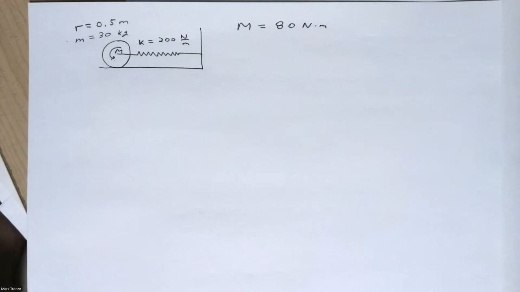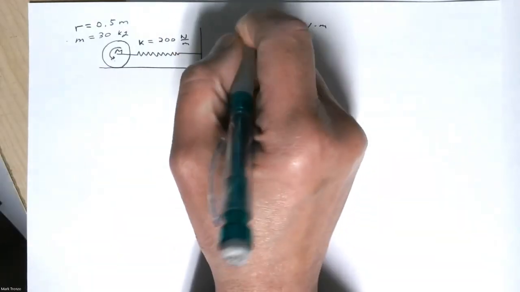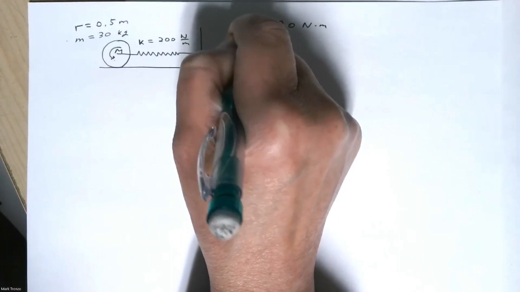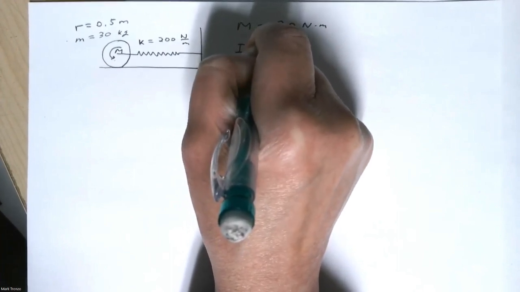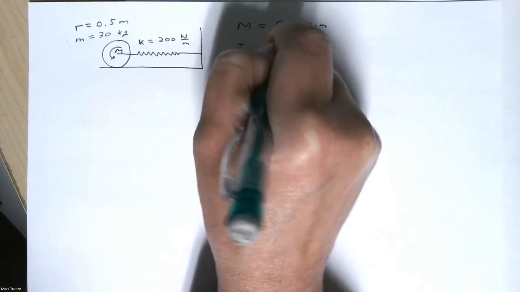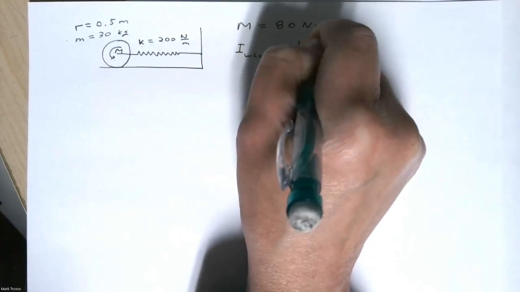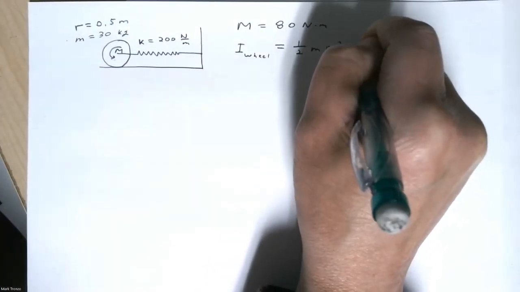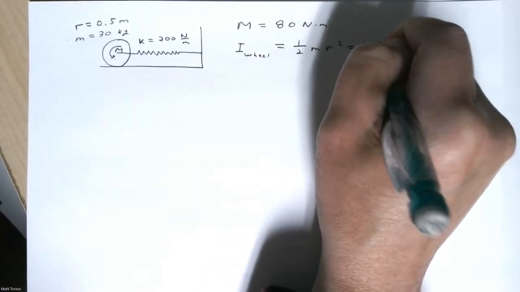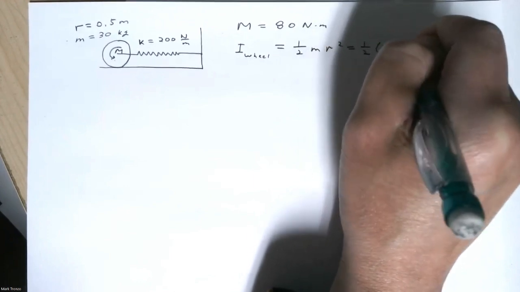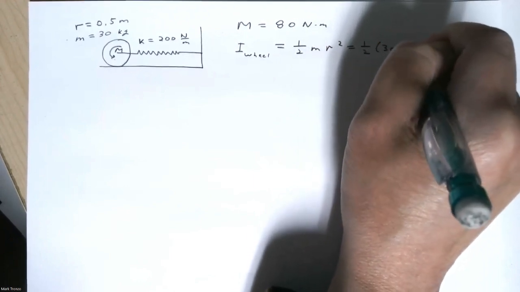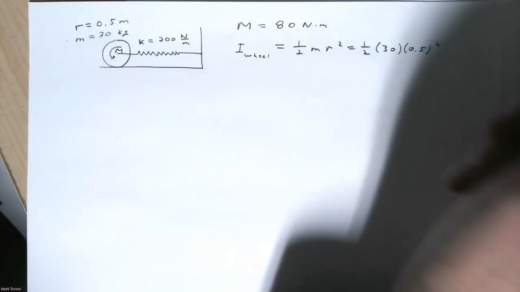And actually, let's calculate something we know we're going to need. Might as well do the mass moment of the wheel. And actually, this is the only object here that's going to have a mass moment. So it's 1/2 mr squared, which would be 1/2 times 30 times 0.5 squared.